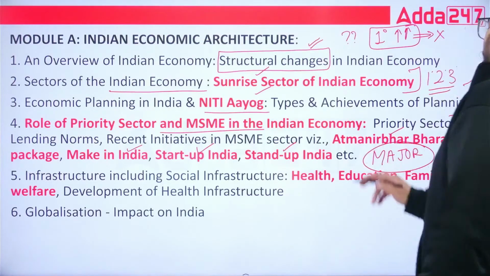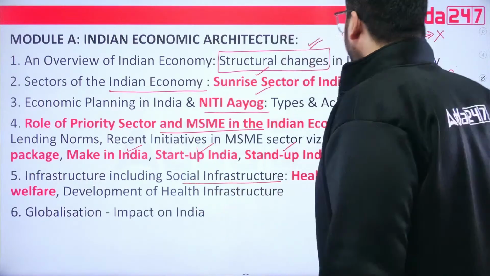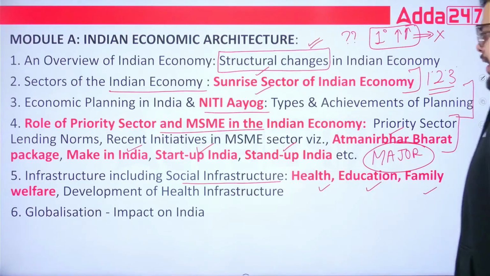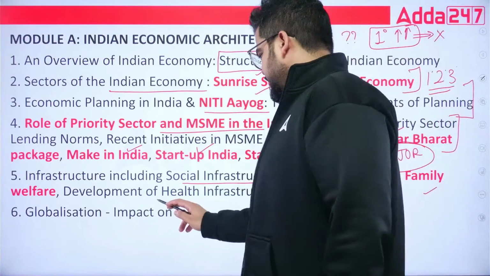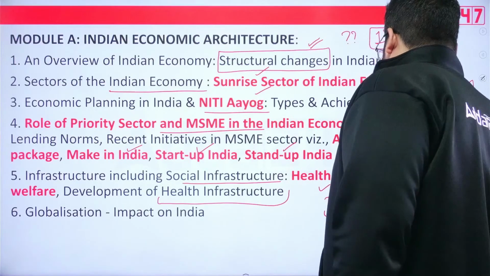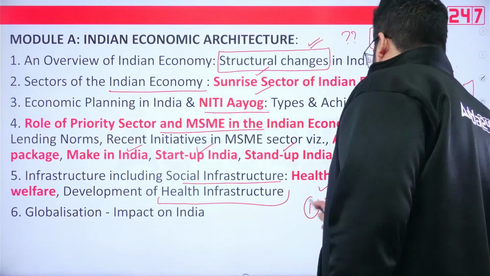Only the major points. Then comes infrastructure including social infra, where we have health, education, family welfare as well as development of health infrastructure. So basically the definition of infrastructure, be it social infra or physical infra, that is the first thing.